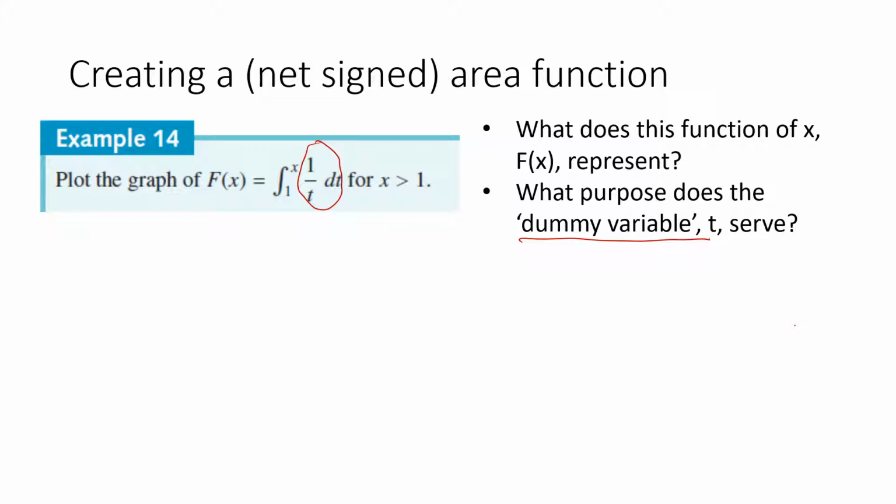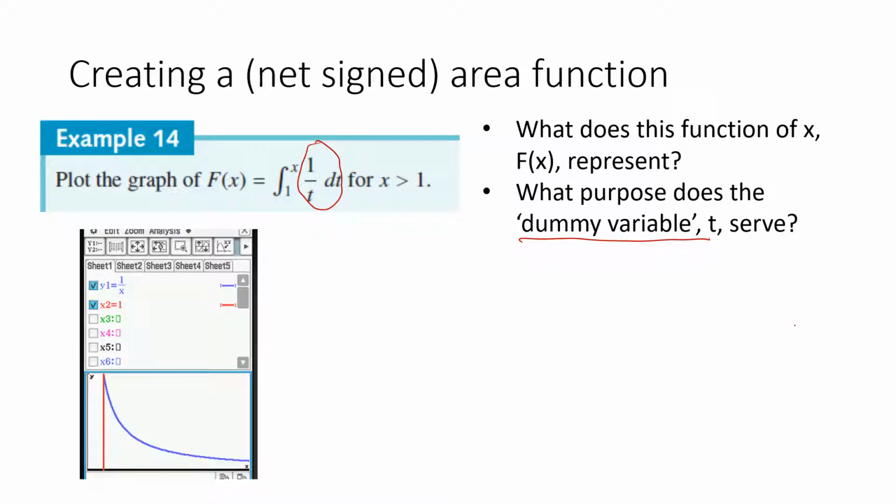It wouldn't make sense to work with x because x becomes the upper bound, the upper terminal in this integral function. But have a think about what this is creating. So let's just click on this. Okay, that's obviously 1 on x.